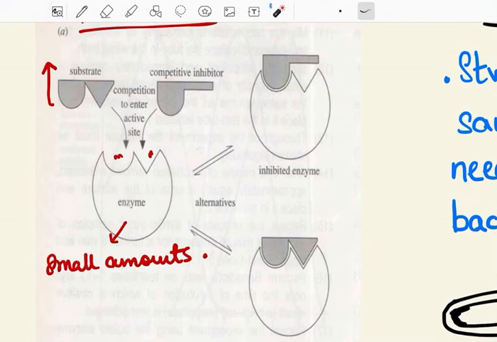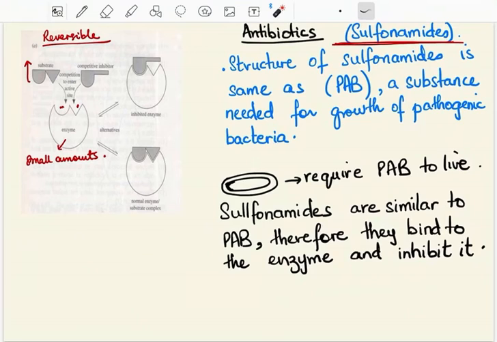Acha, what is the daily life example? The daily life example is that of the antibiotic sulfonamide. Okay? Just like penicillin, sulfonamide is also a class of antibiotics. The structure of this antibiotic is very similar to a compound which is known as PAB.